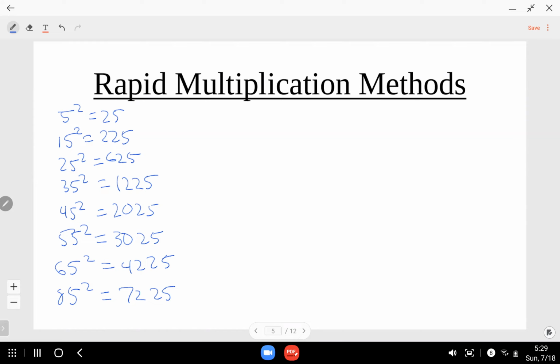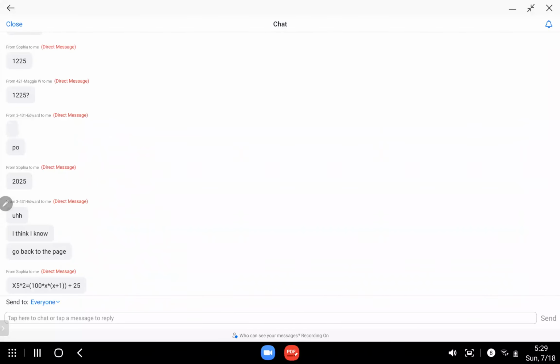Oh, wait, there is a pattern here. I'm starting to see it. There is a pattern here, right? x5 squared equals 100 times x times x plus 1, plus 25.